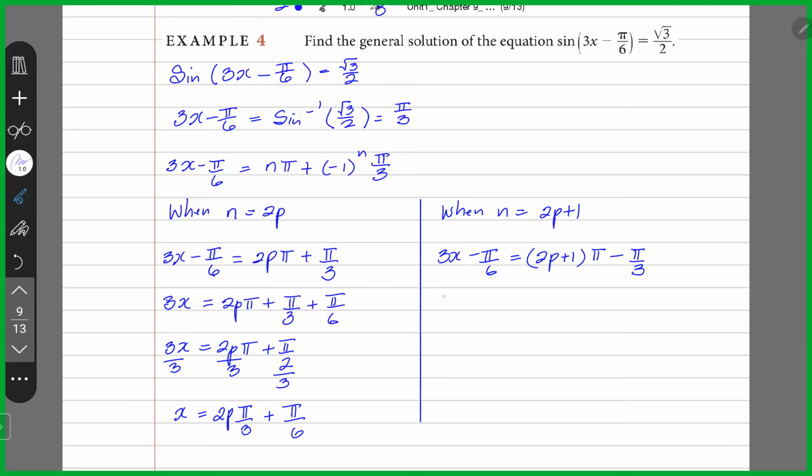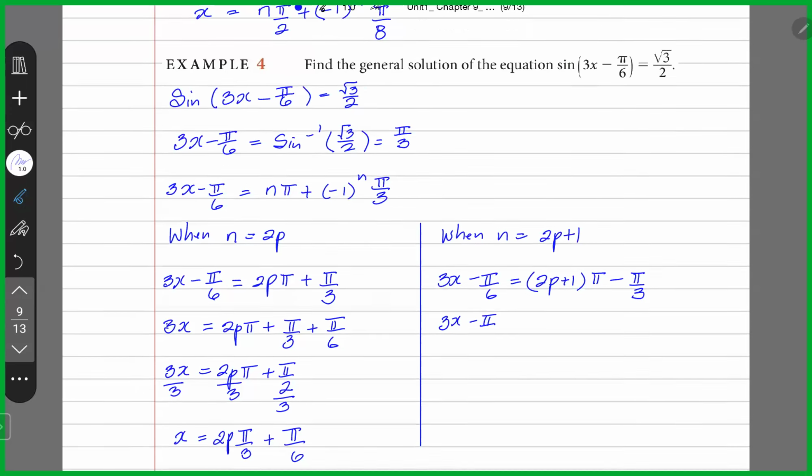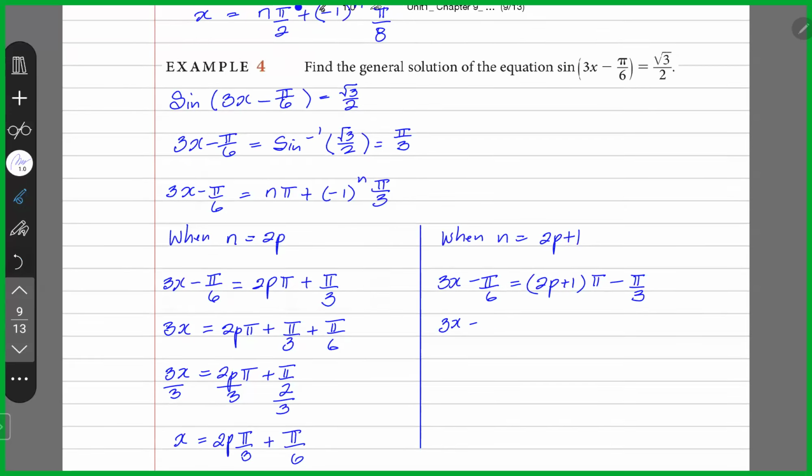So let's kill two birds with one stone. 3x would be equal to, distributive law first, 2p pi plus pi minus pi by 3 plus pi by 6. Negative pi by 6 on the left goes over to the right and becomes positive.